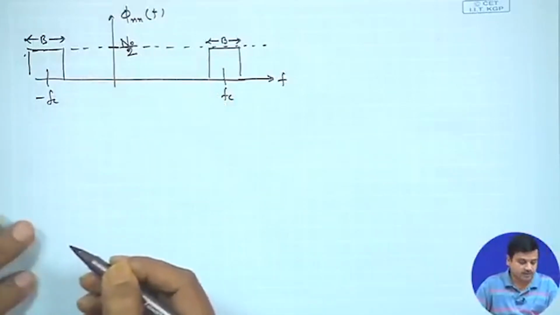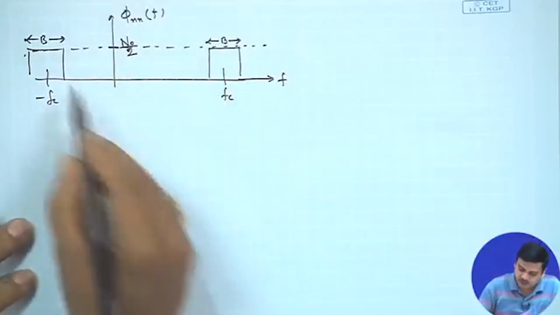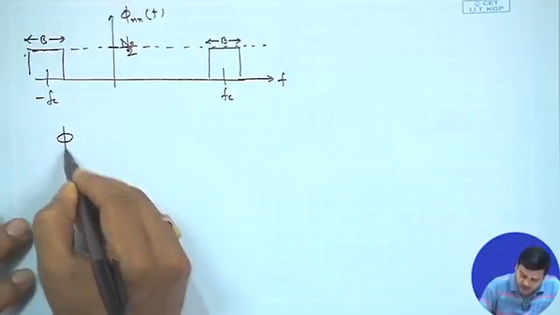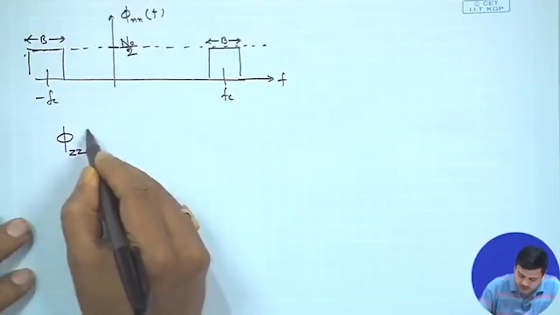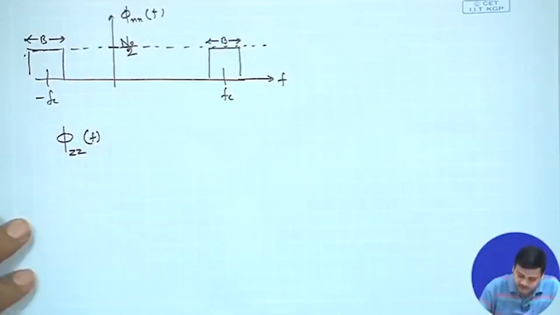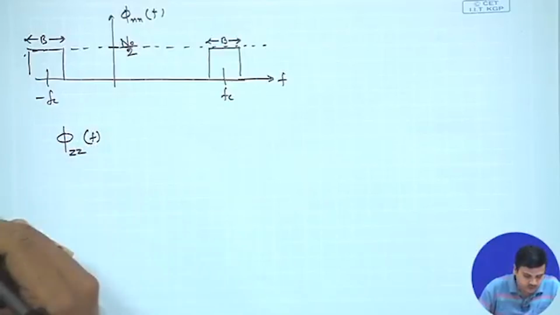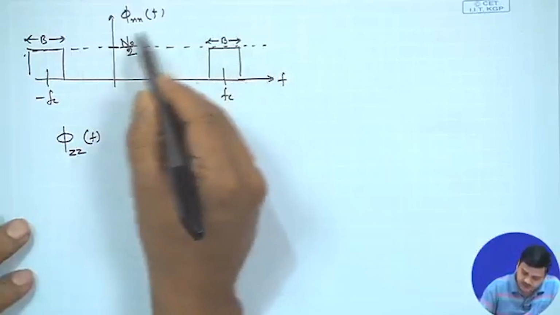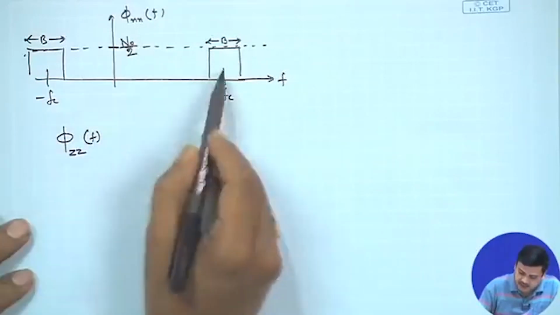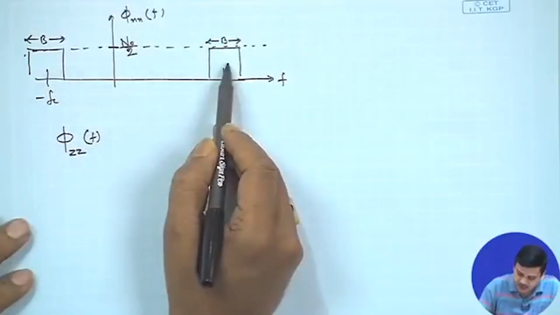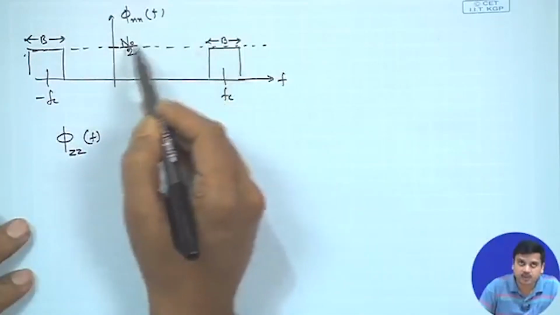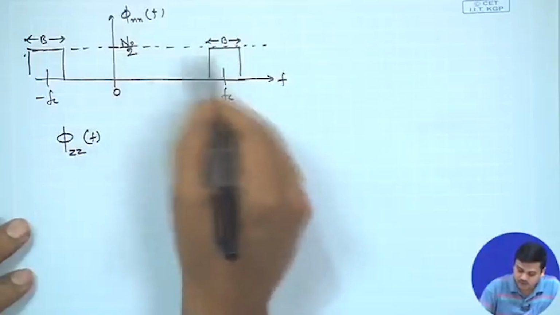So, this is the standard representation of band pass white noise, and what we are interested in now is calculating phi z z of f, which is the equivalent low pass form of this. Clearly, from this you can see that it is symmetric, and hence we can reconstruct the whole thing from one side.